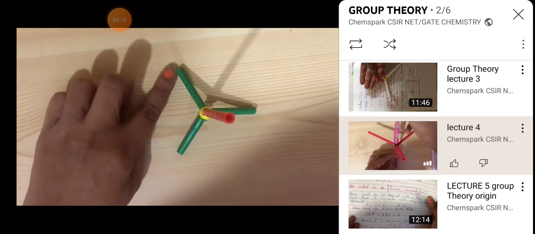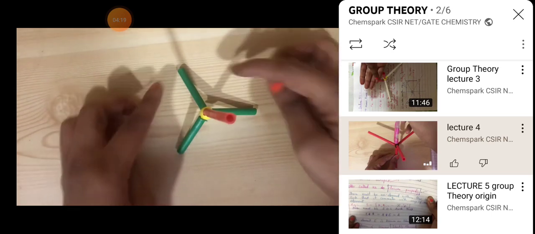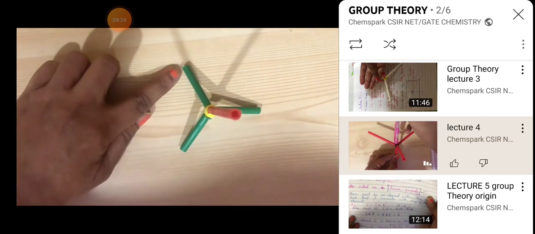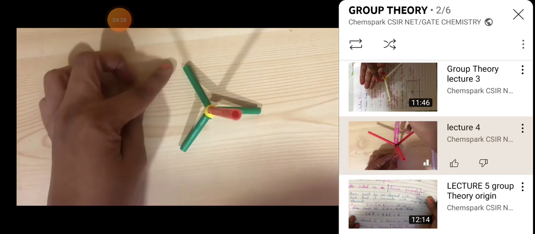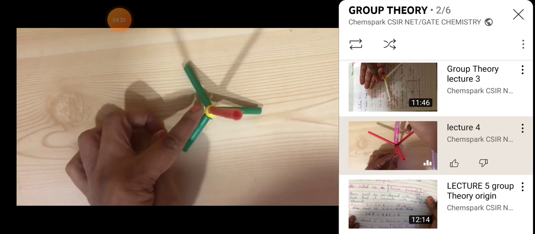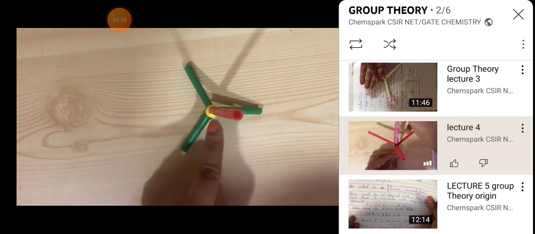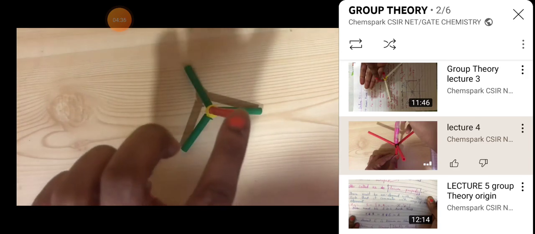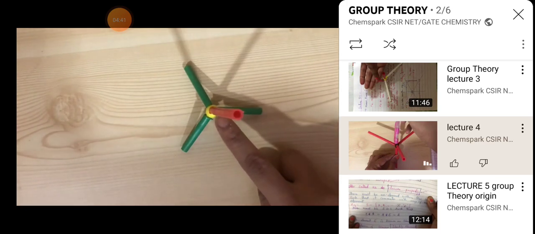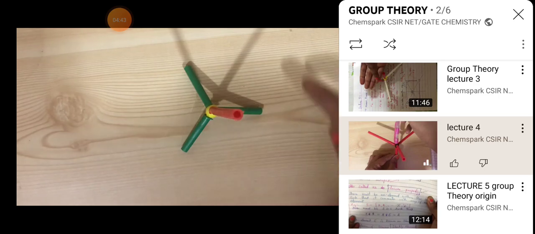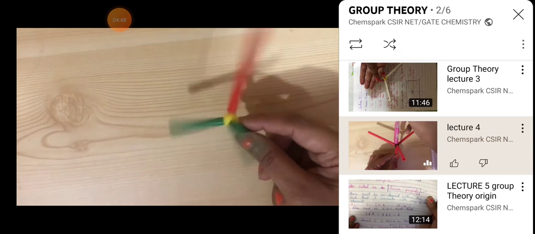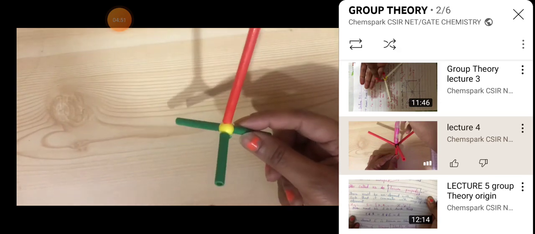Because if I consider this chlorine as a point, chloroform has Cl, and this is a hydrogen atom, then if I reach the center and go again in the same direction, I find one chlorine. But if I consider this hydrogen as a point and go in the downward direction, I would not find one, because all the atoms are chlorine here, none of them are hydrogen. So this molecule does not possess any center of inversion.